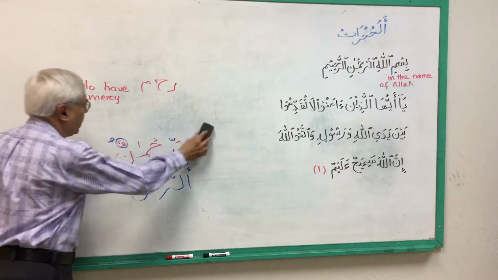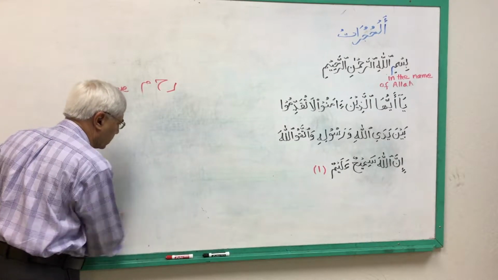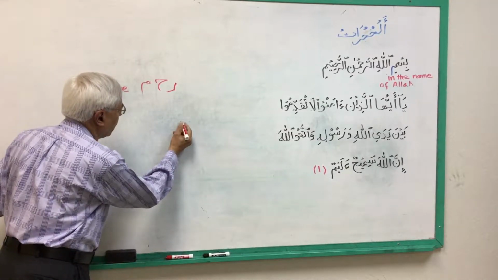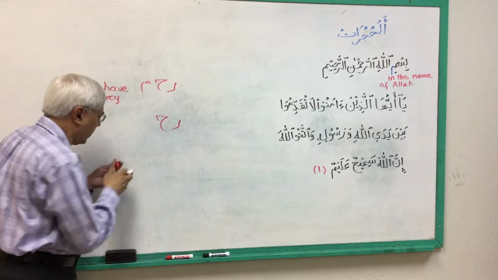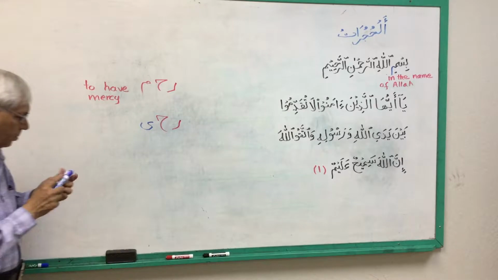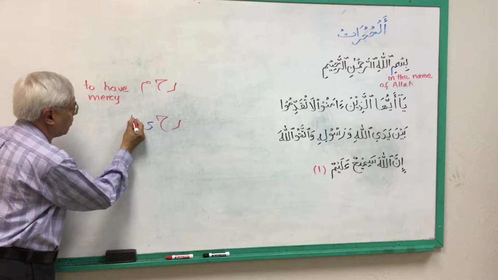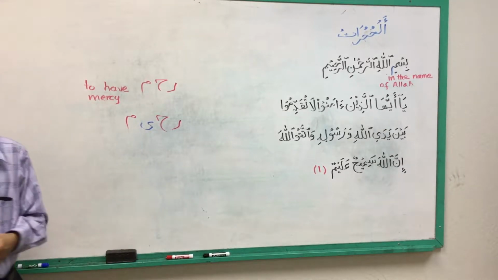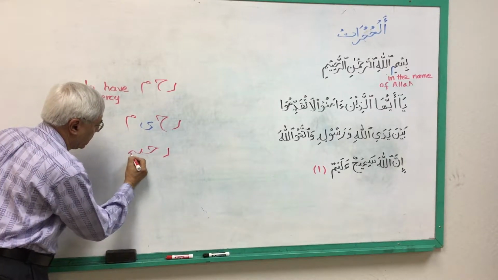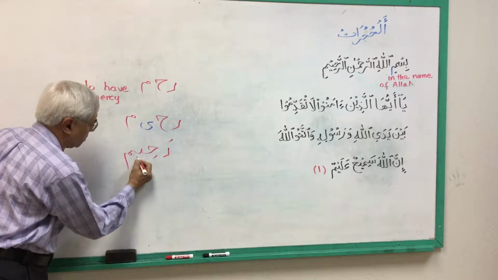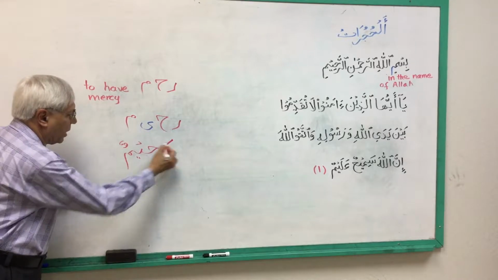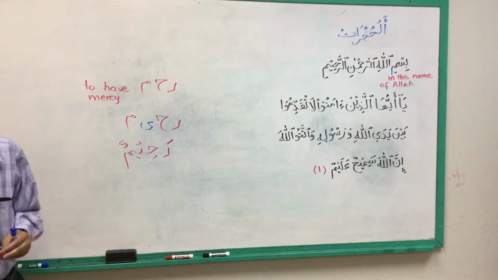The next word has the same root letters, but this time we are adding a ya between the second and third letters. So this word will become Rahimun. The last letter always has two dhammas.